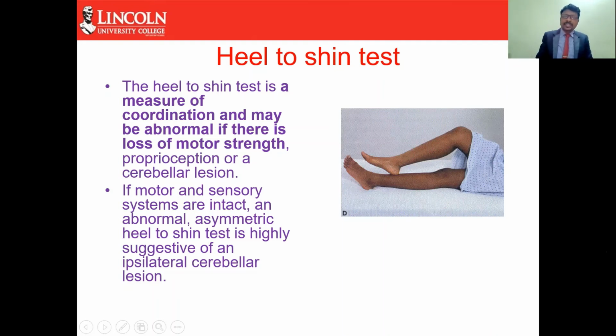This heel-to-shin test is a measure of coordination and may be abnormal if there is loss of motor strength, loss of proprioception, which is also called joint position sense, or in case of cerebellar lesions. So all of these are causative factors for an abnormal, positive heel-to-shin test.